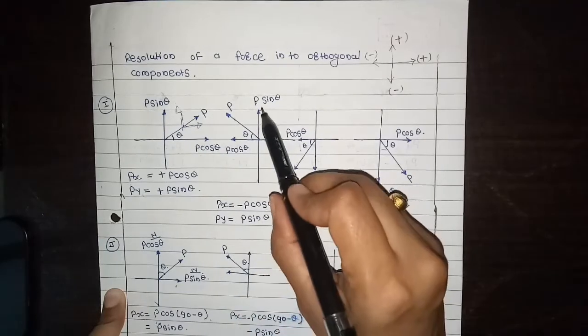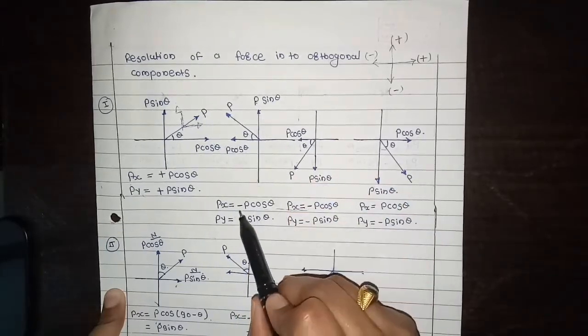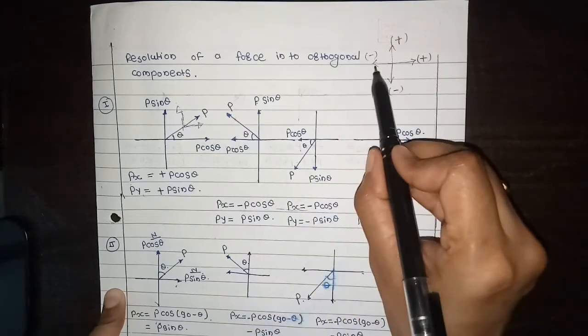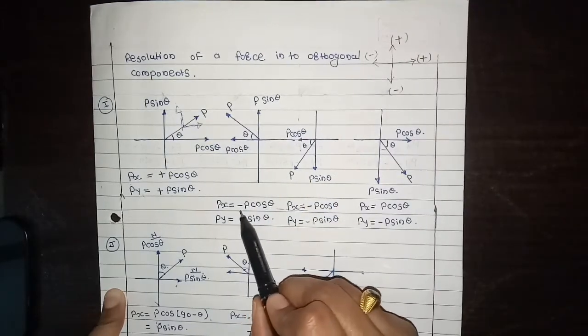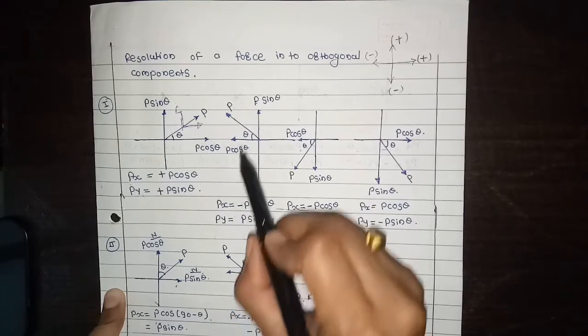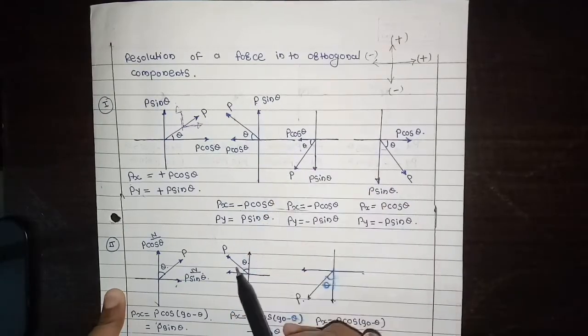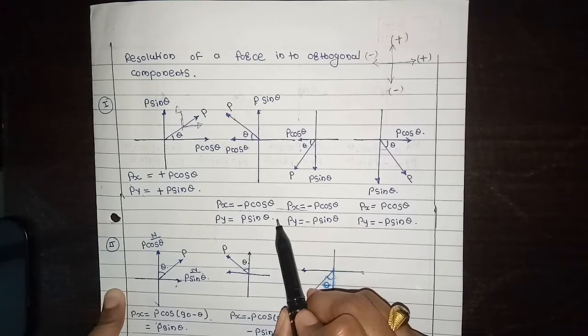So Px is equal to P cos theta, but in the left direction it is negative. Px is equal to minus P cos theta and Py is equal to plus P sin theta.